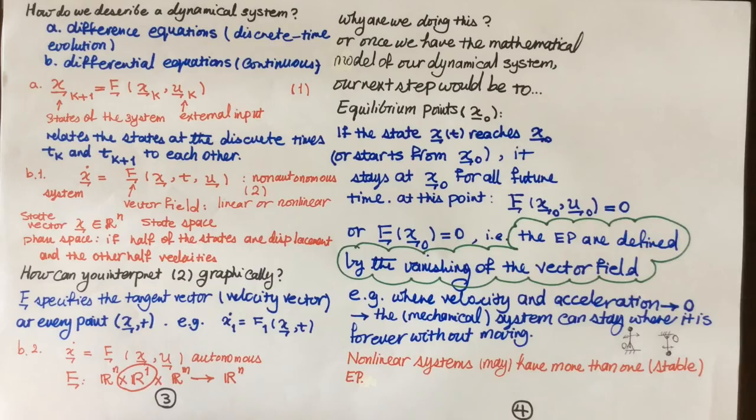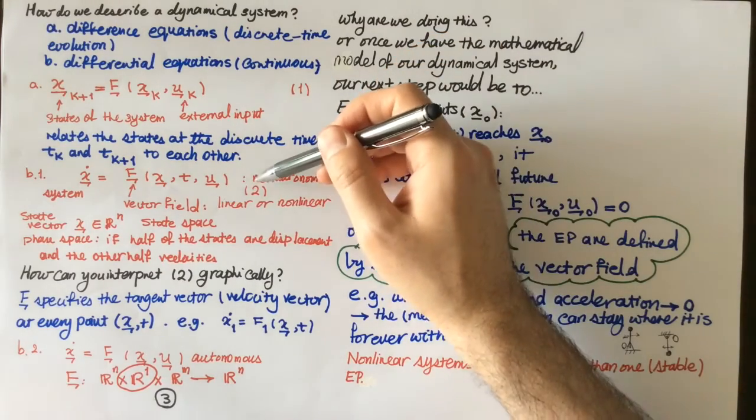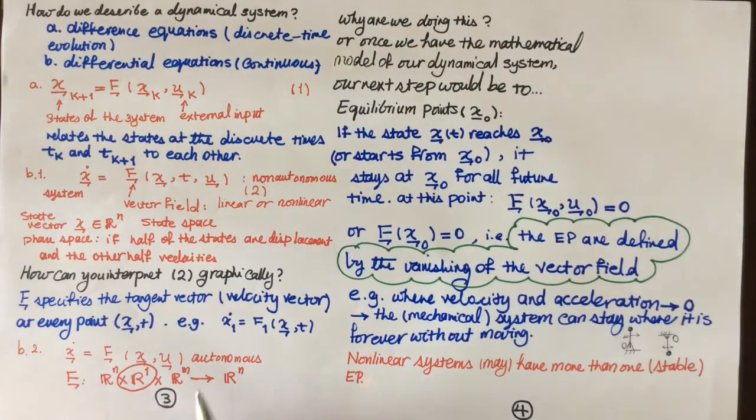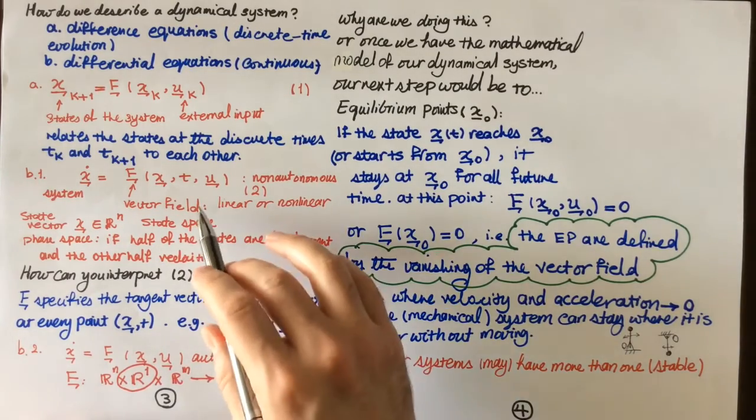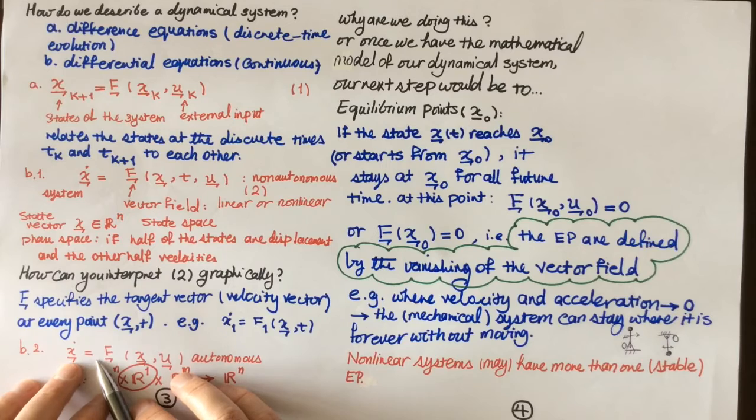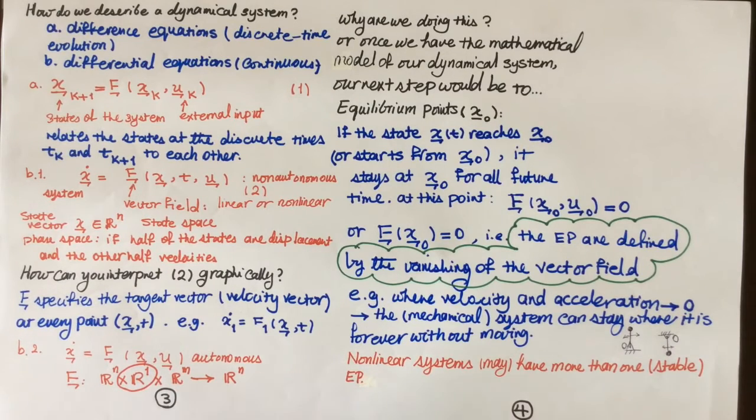We had discrete dynamic systems, non-autonomous continuous dynamic systems, and autonomous continuous dynamic systems. F is essentially a map, mathematically, which maps the current state, input, and possibly time to x dot, the time derivative of our state. And then we talked about equilibrium points.